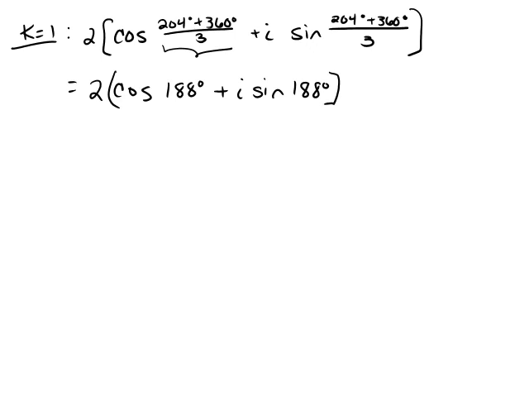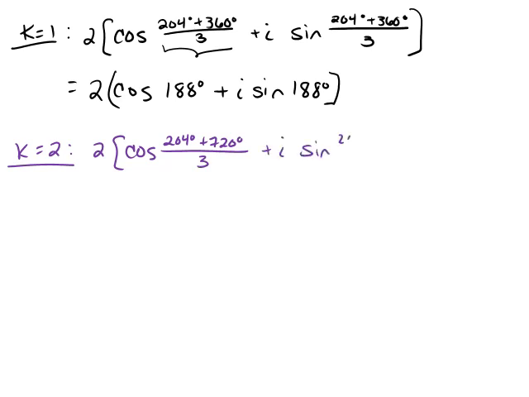And lastly, we will find k equals 2, which is 2 times cosine of 204 degrees plus 720. I found 720 by taking 360 times 2. So I'll divide by 3 plus i sine of the same thing.